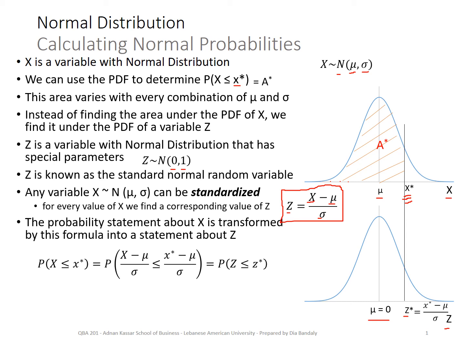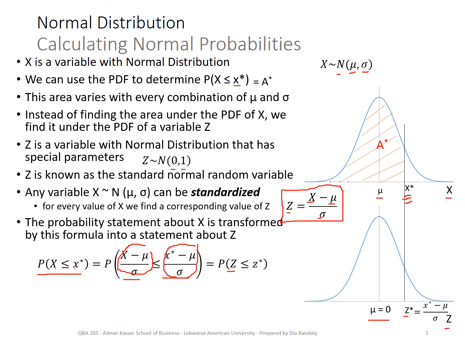So here we go. How did I do this? What I did is, this is my original probability statement. Then what I did, first I subtract the mean, and I did that for both components, and then I divided by sigma, and I did that for both parts of the inequality. So, and I ended up with that. Now, what do I know about this part? This part is z. Here we go. And what do I know about this part?